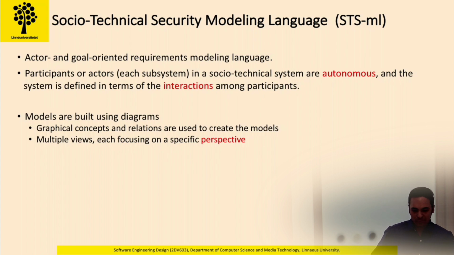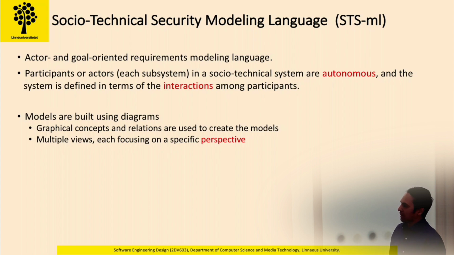It has multiple views. I will show some examples of those views, or at least I will discuss them. Each view gives a specific perspective. One view can be an interaction view: how actors are interacting. Another view can be what people are exchanging as information between each other.